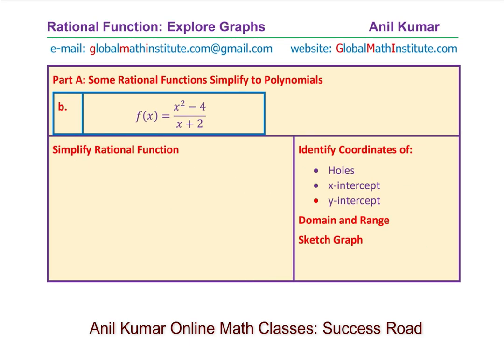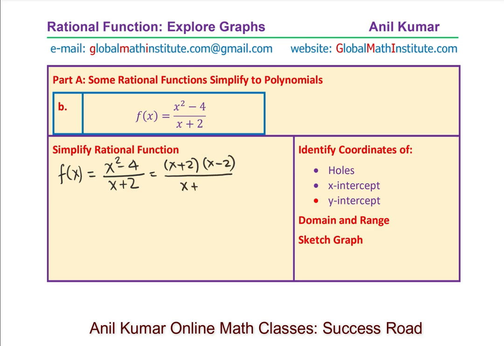Now in the second question, we are given the function f of x equal to x squared minus 4 over x plus 2, right? So we are given that the function is equal to x squared minus 4 over x plus 2. You could factor the numerator, write it as the product of x plus 2 and x minus 2, correct?